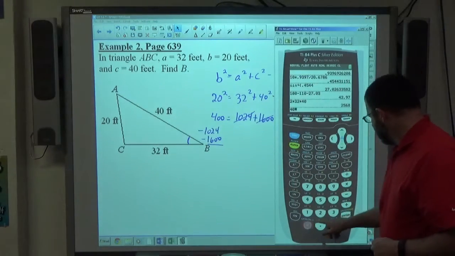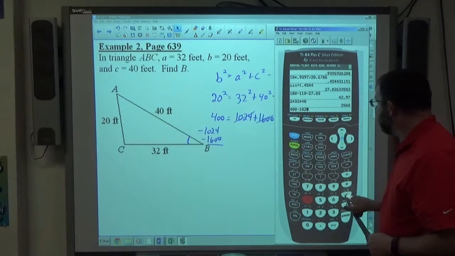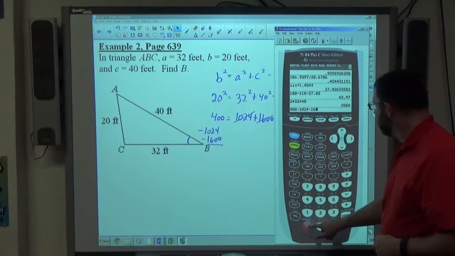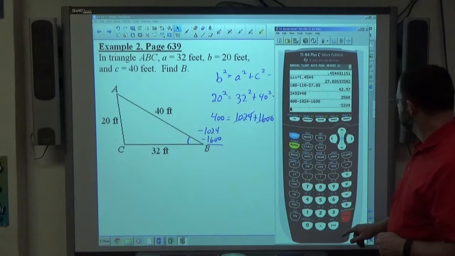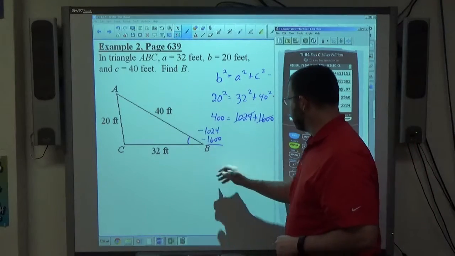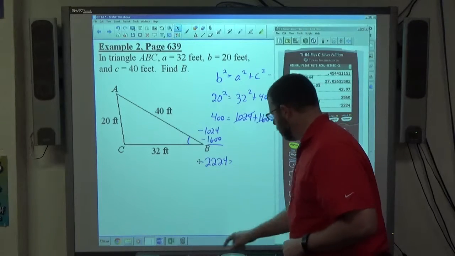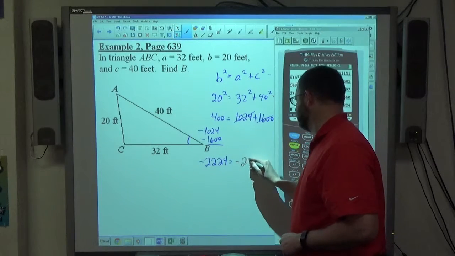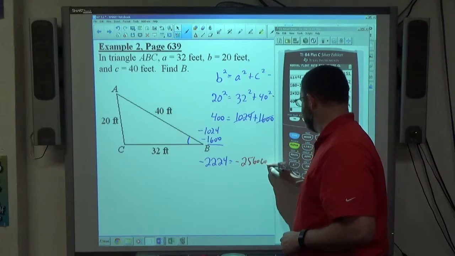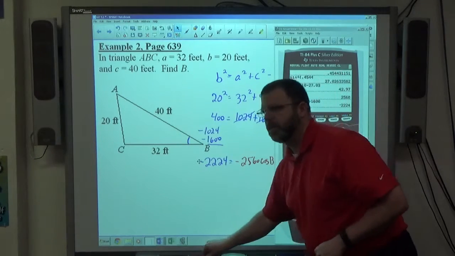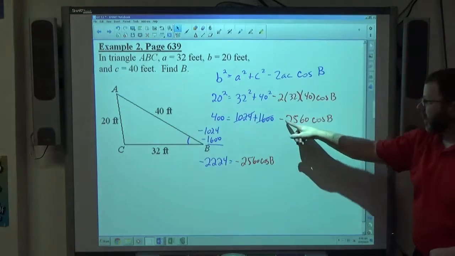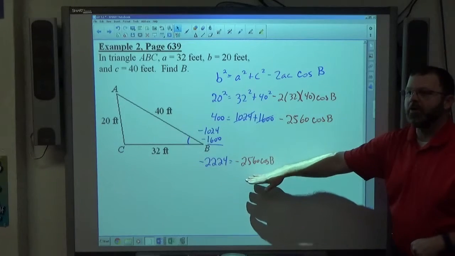So 400 minus 1024 minus 1600 comes out to negative 2,224, equals negative 2,560 cosine of B.